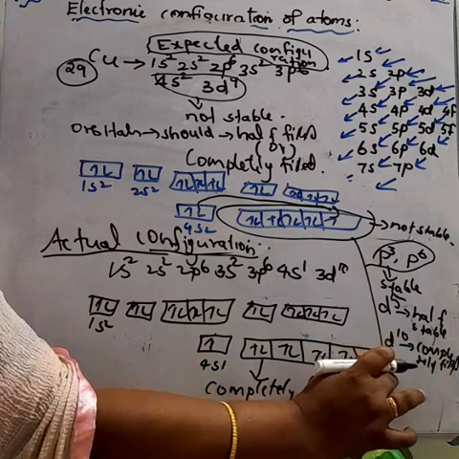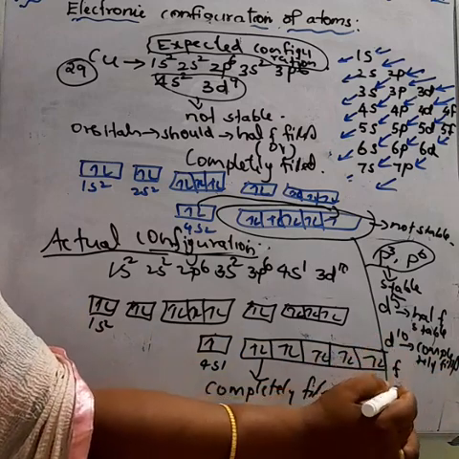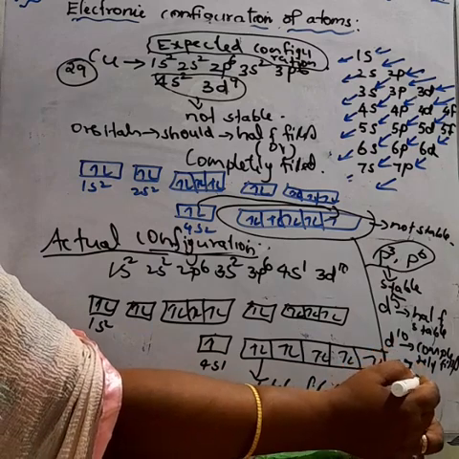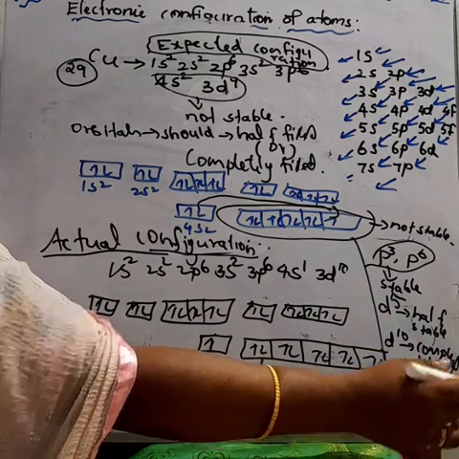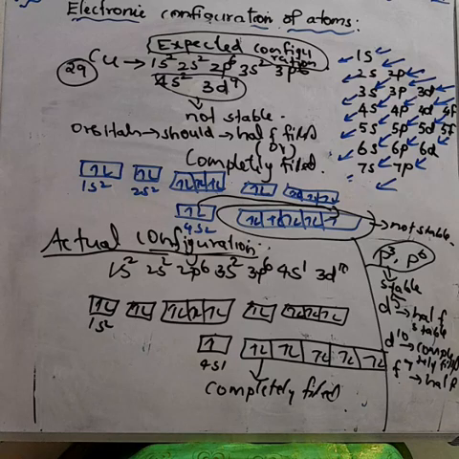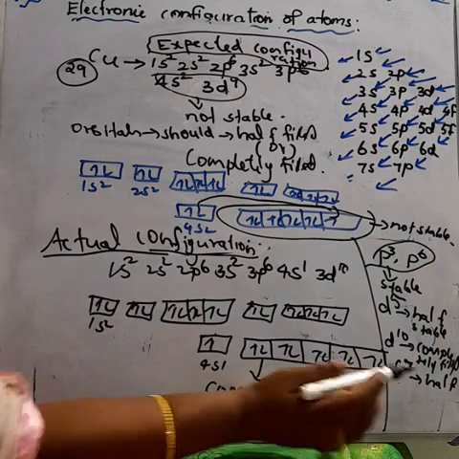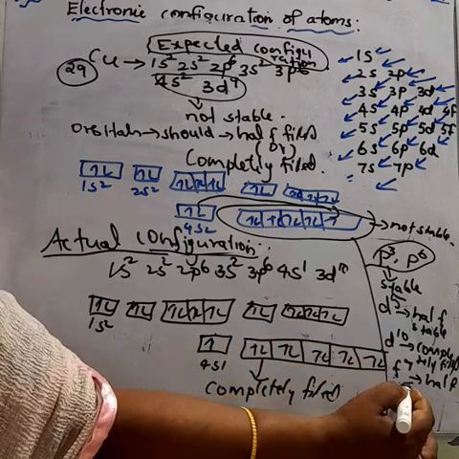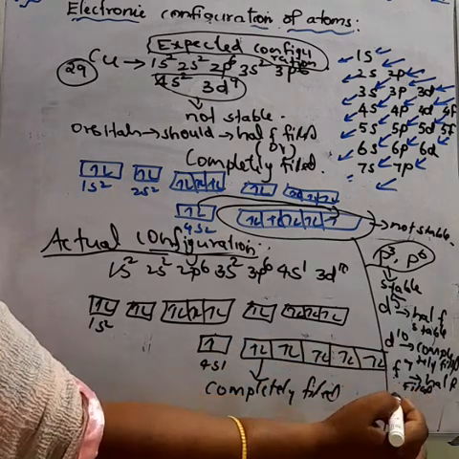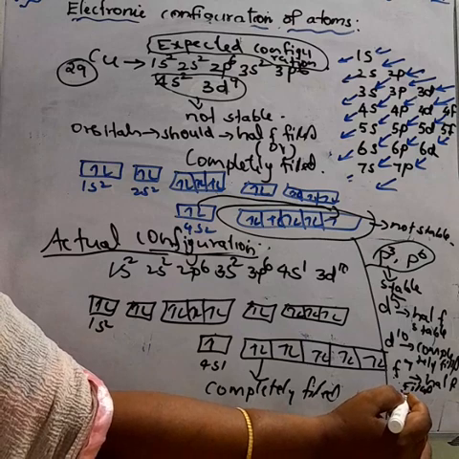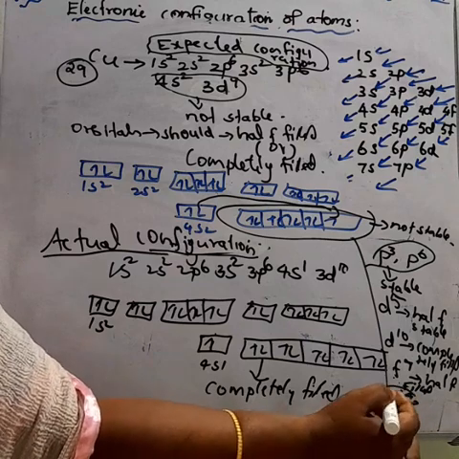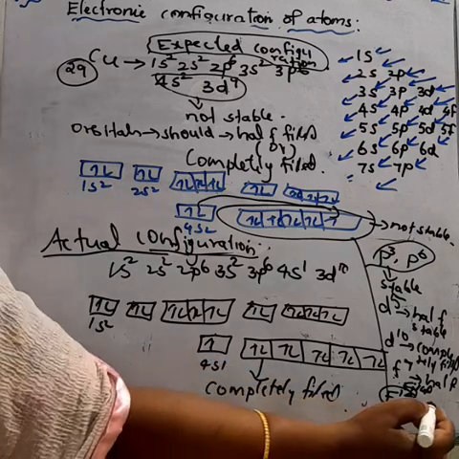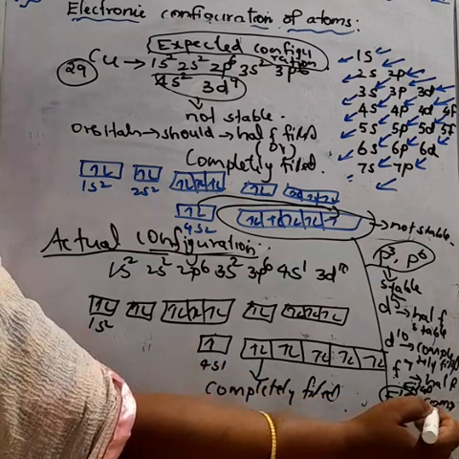For the f orbital, how many electrons are needed for the half-filled configuration? Totally 7 electrons, because the f subshell has 7 orbitals. So 7 electrons are needed for the half-filled stable configuration. How many for the completely filled configuration? 14 electrons. The f subshell needs 14 electrons to get the stable completely filled configuration.